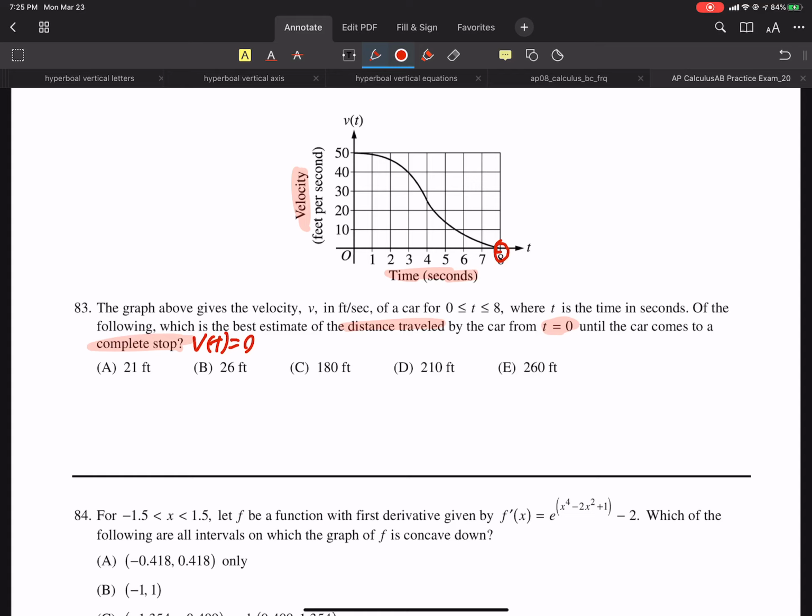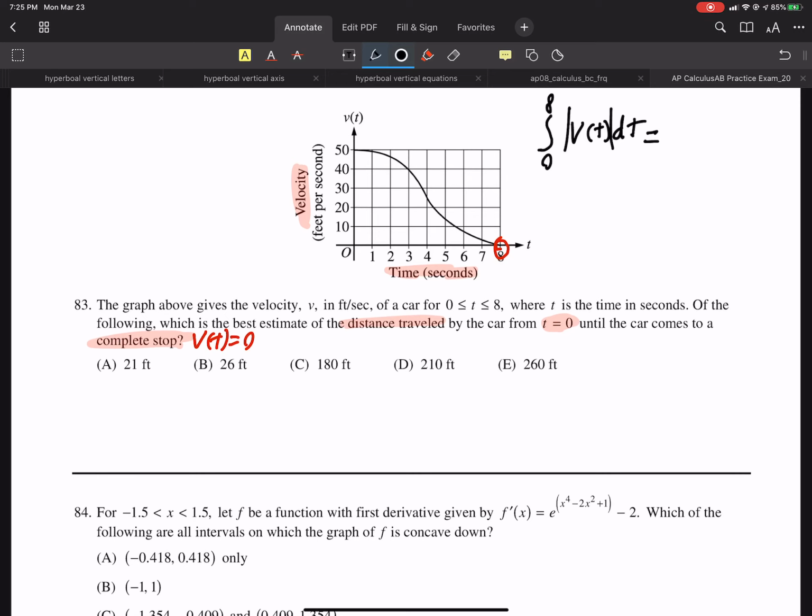Now, normally, the distance traveled, let me change colors here, would be the integral of the absolute value of the velocity. But since the velocity here is always positive, you don't need the absolute value. So in this particular case, it'll be the same as the integral without the absolute value.